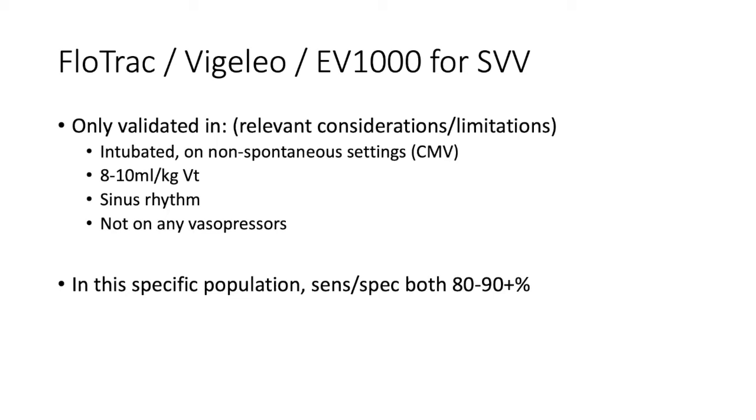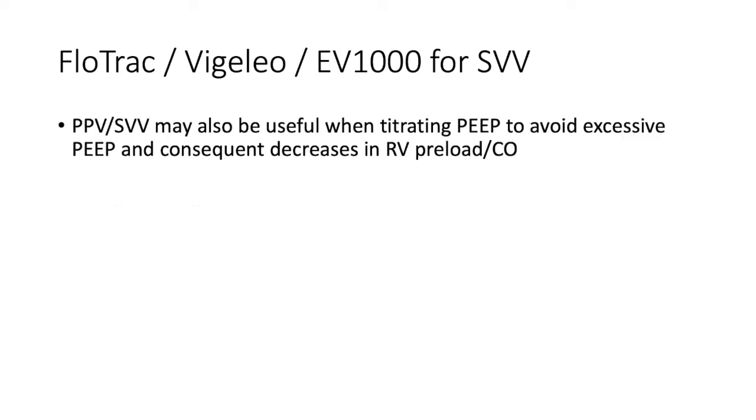But again, if one recognizes the limitations of these measures, you can apply them in good context. But in that specific population, it's both sensitive and specific to values above 80 to 90%. It can also be useful if you're concerned about titrating PEEP and issues with RV preload. But that is kind of a separate topic for anyone interested.